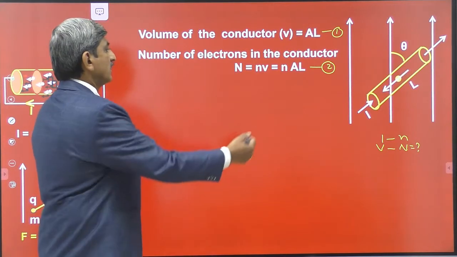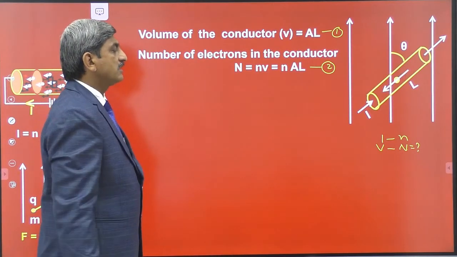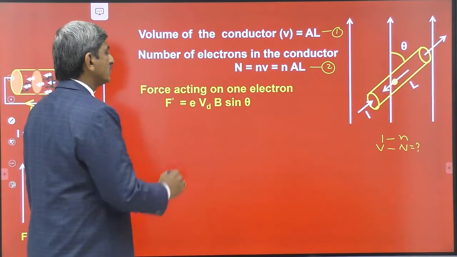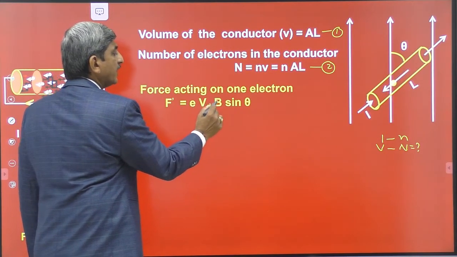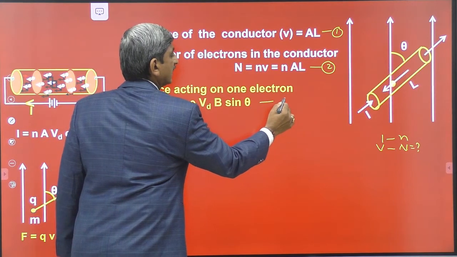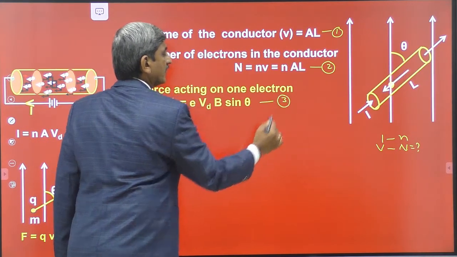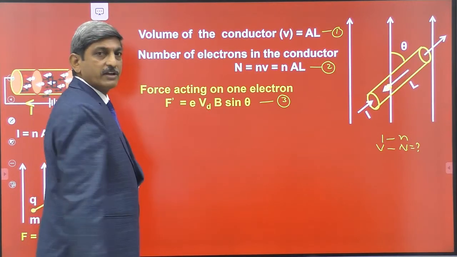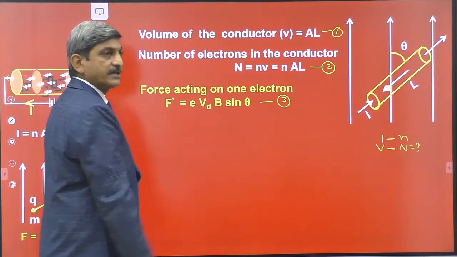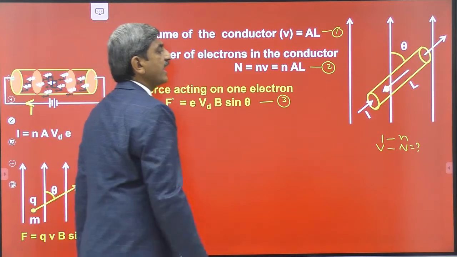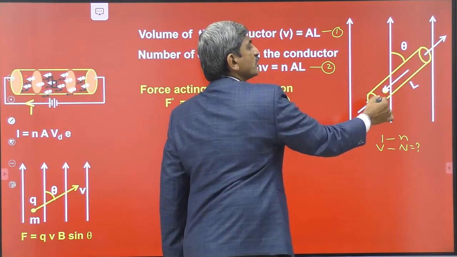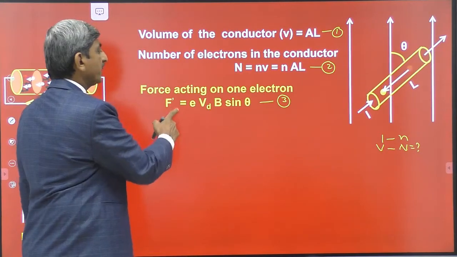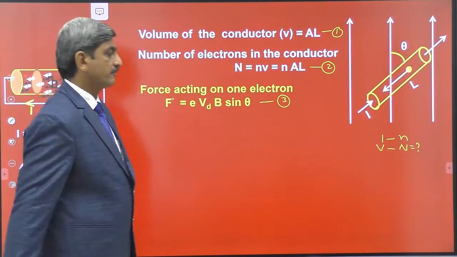Due to the motion of that electron, the force acting on one electron is given by F dash = e Vd B sin theta. Let it be equation number 3. Here e is the charge of the electron, Vd is the drift velocity, and B is the magnetic induction. Theta is the angle between the direction of motion of the electron and the magnetic induction. Now we get the force acting on one electron.